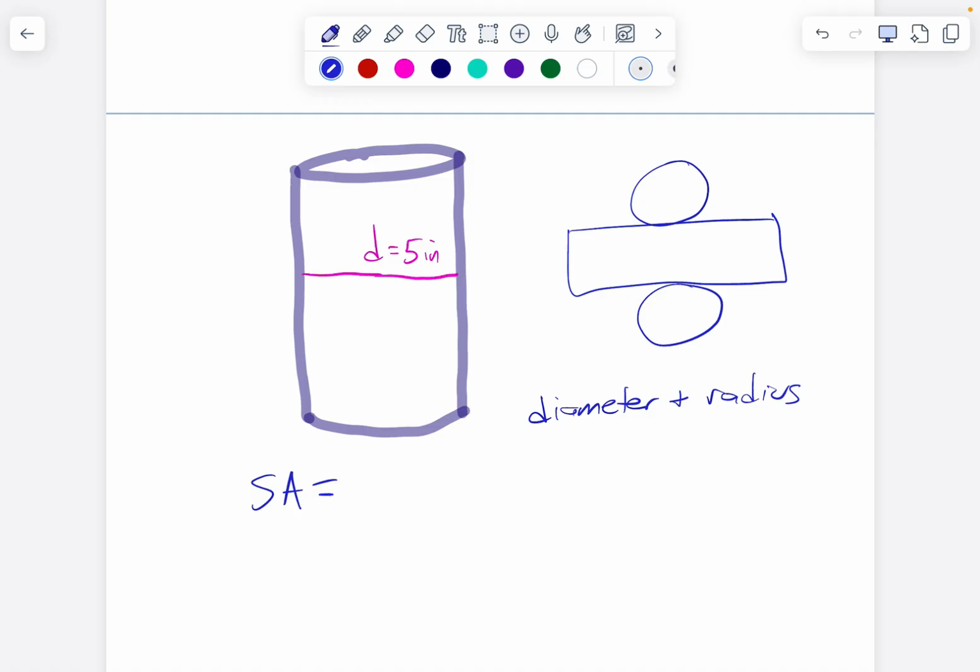So, see if you can come up with the formula for the total surface area of a cylinder using the diameter and radius and the height. I should have said that as well. I'll put that on here. Okay, so on your picture, this is the height. So I want you to use diameter or radius and height.